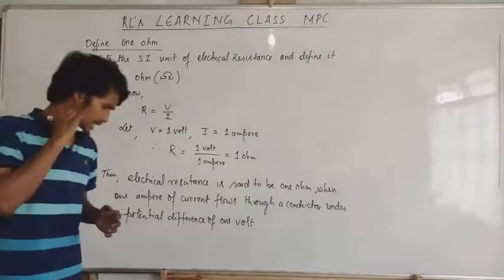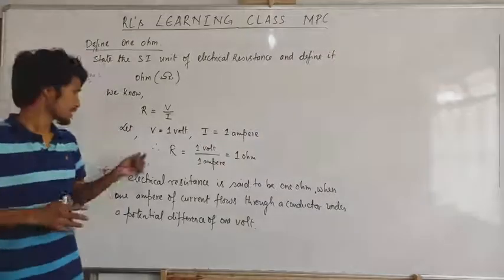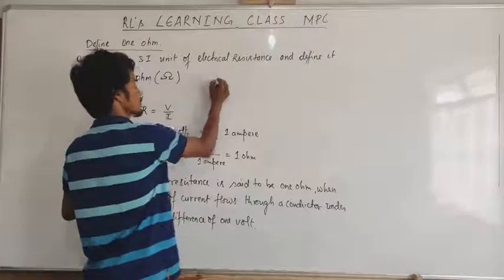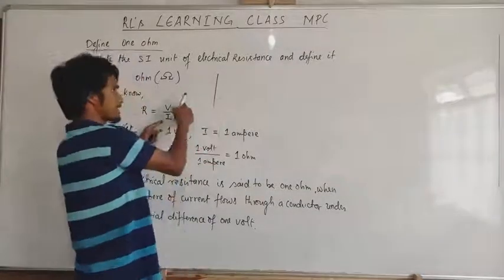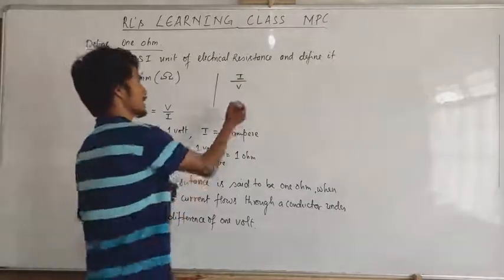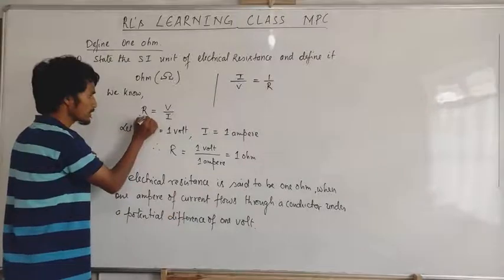Now we come to the next part, which is the reciprocal of resistance. If I take this I right up and this V right down, what will I get? I'll get 1 by R, right? Because from below we got 1.